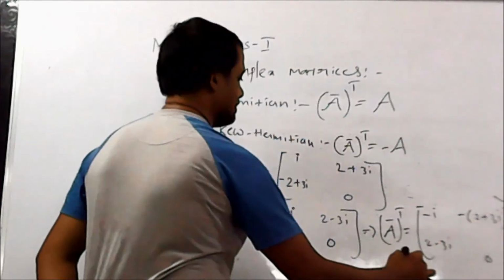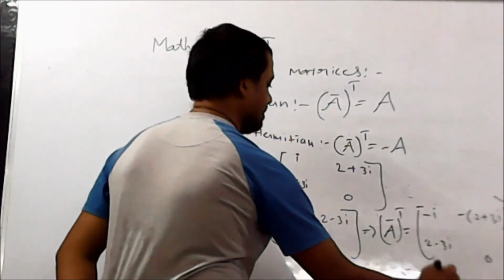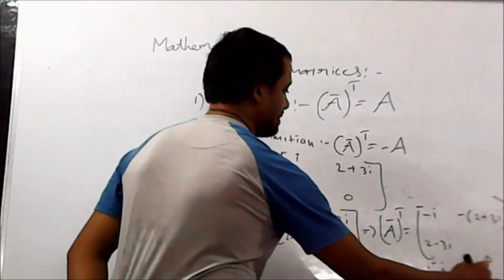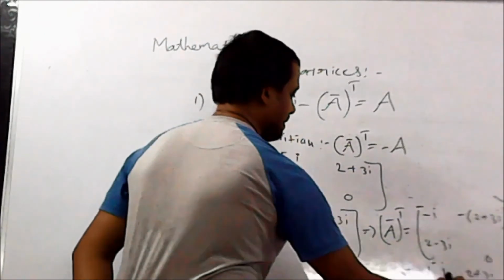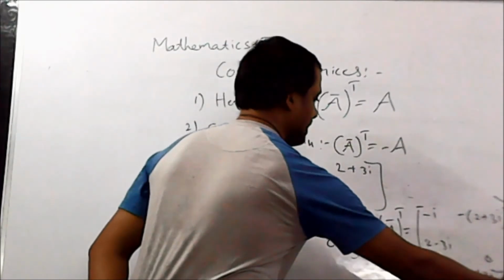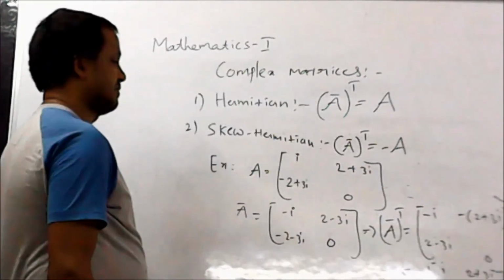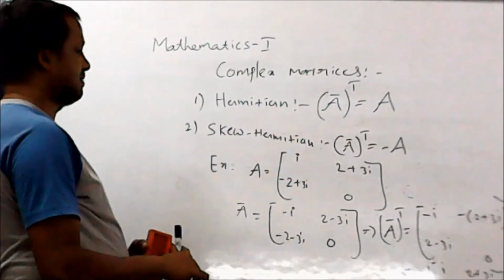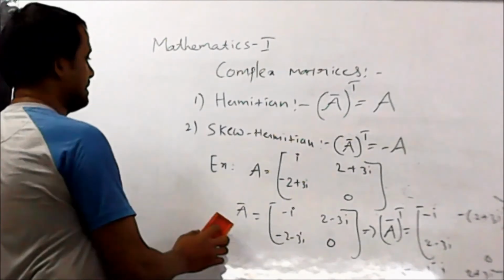If you take minus outside, it is nothing but minus of A. So you can verify, it is skew Hermitian.